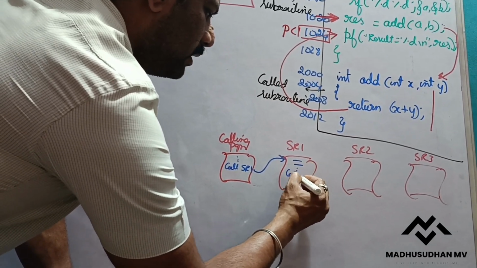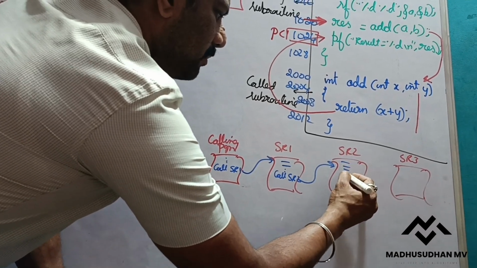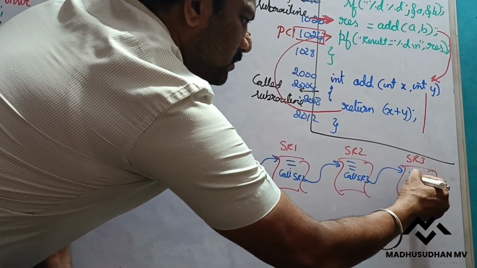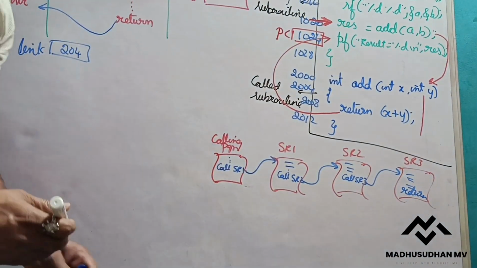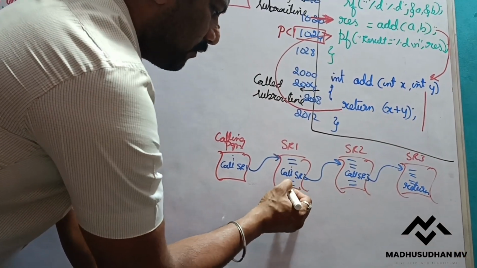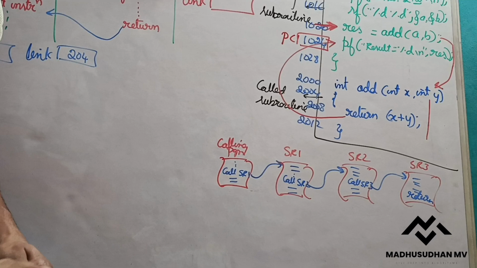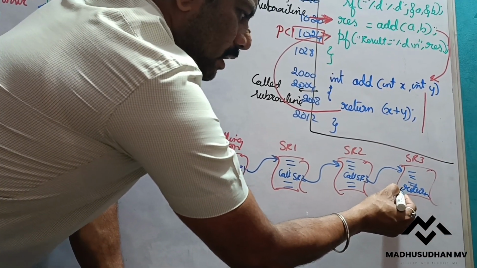After that, again it is calling subroutine 2. Now it is going here. After some statements, again it is calling subroutine 3. Now again it is going here, some statements, and finally it is returning. Assume I have these statements after that. We know that once a return statement is executed, control should return to the position where it was stopped earlier.